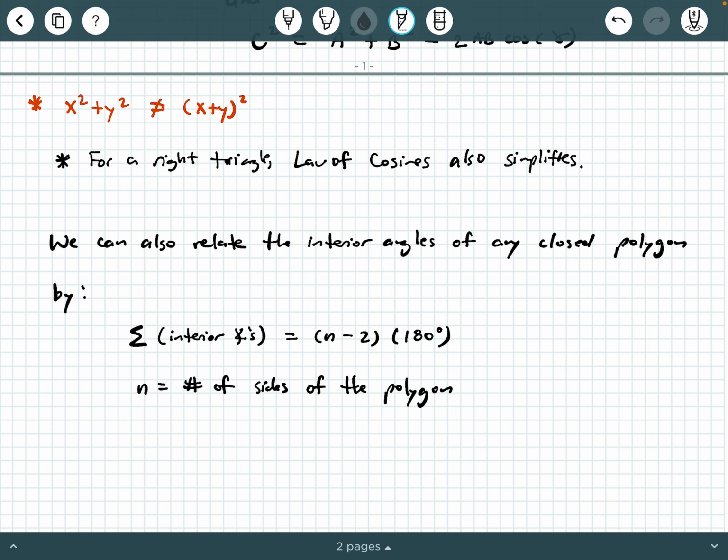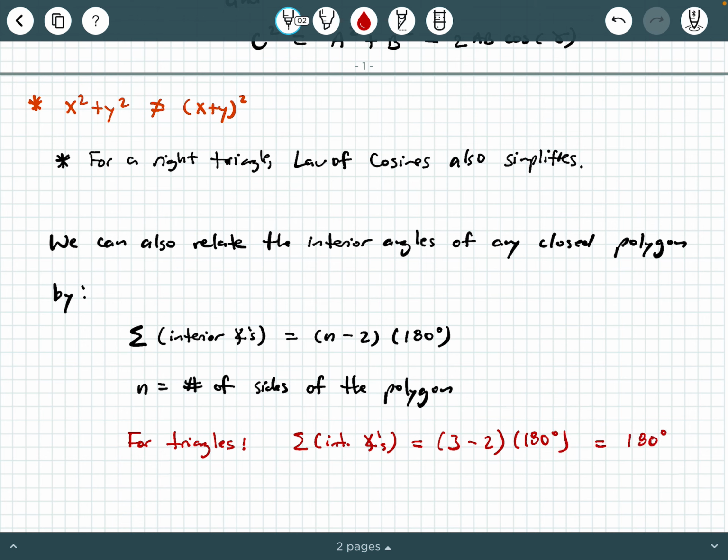Okay, now for a triangle, let's write this down. For triangles, we'll say the sum of the interior angles equals, how many sides are in a triangle? 3. So you say 3 minus 2 times 180 degrees equals 180 degrees.